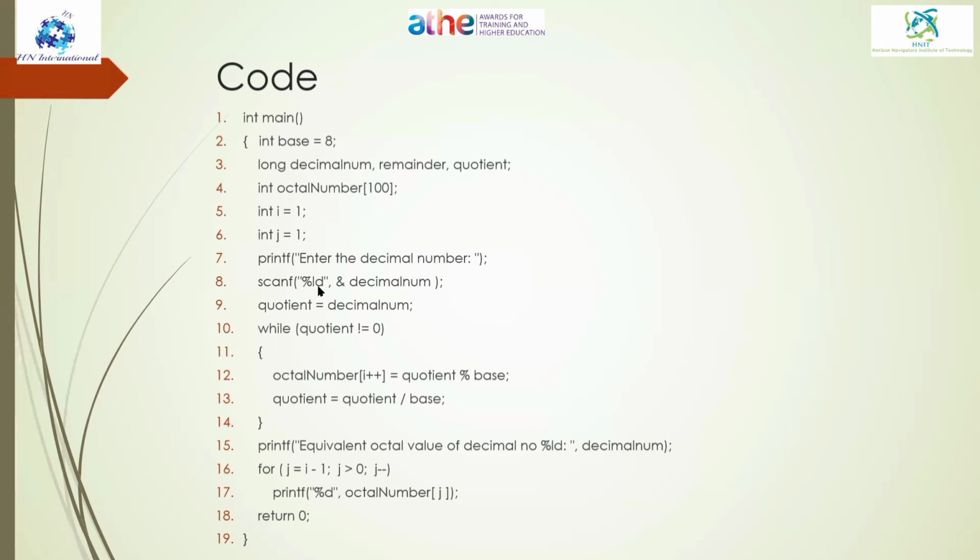Actually, it is a long double. It is also a type in C, which stores larger numbers that cannot be stored in integers. That's why it is here. If you run it with %d here, it will work just fine. All right, thank you, sir.